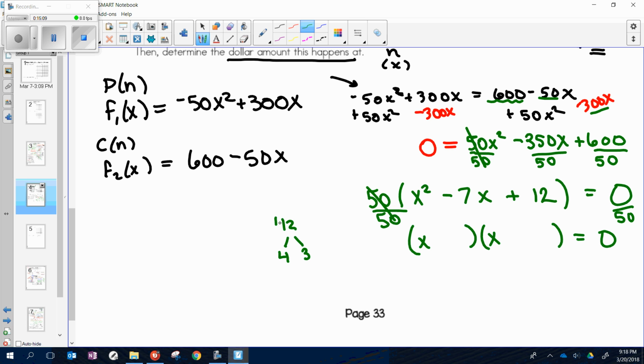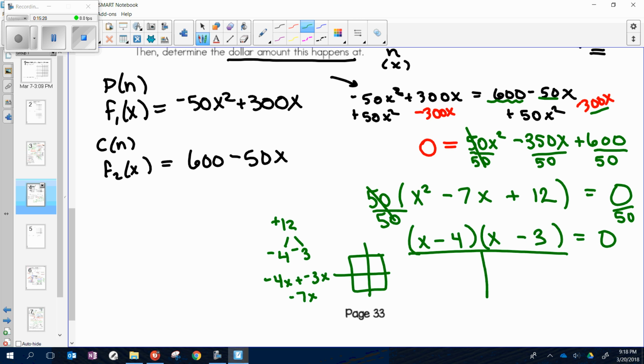That's a positive, so if they're both negative, that would be great, because I need a negative 7 in the middle. And a negative 4x plus a negative 3x will give me my negative 7x. Again, the box method if you need to see those pieces. I have my factors. I can set them equal to 0.